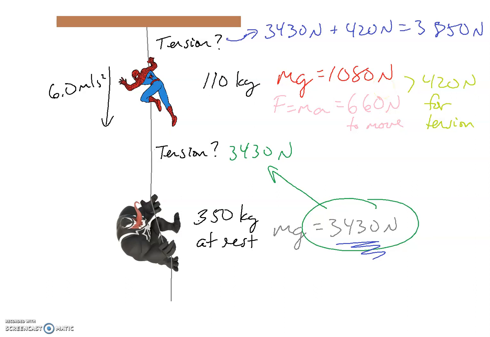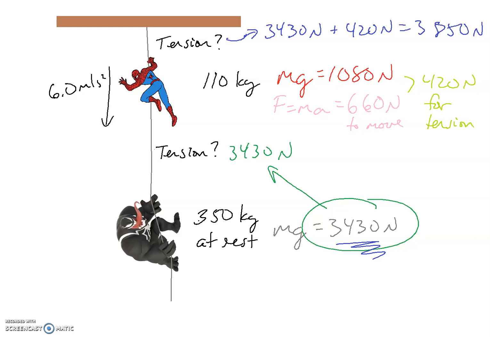Now this is just one way to look at the situation. There are a few other ways you could solve it, using accelerations and forces in different combinations, but the overall result should still be the same. And it makes sense that the tension in the top web is the greatest, and the tension in the middle is less because it has nothing to do with Spider-Man. The tension at the top doesn't include the full weight of Spider-Man because he's sliding down the web, which reduces the tension.